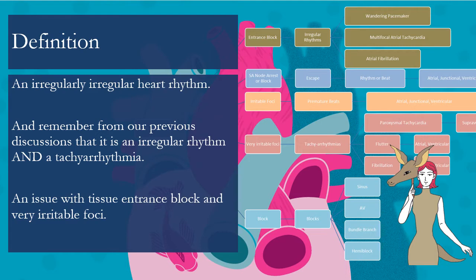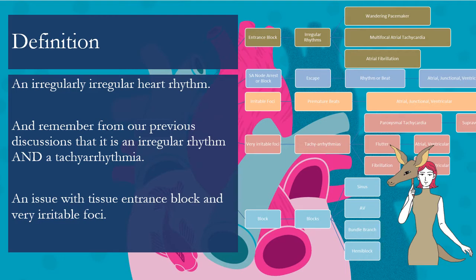Just reviewing what we talked about before, when we think about what atrial fibrillation is, remember it's one of those arrhythmias that covered a bunch of different areas when we talked about the pathology of arrhythmias. It is an irregular heart rhythm, right? Not only were the intervals between the R waves irregular, but you couldn't predict them, and there was no pattern to them.